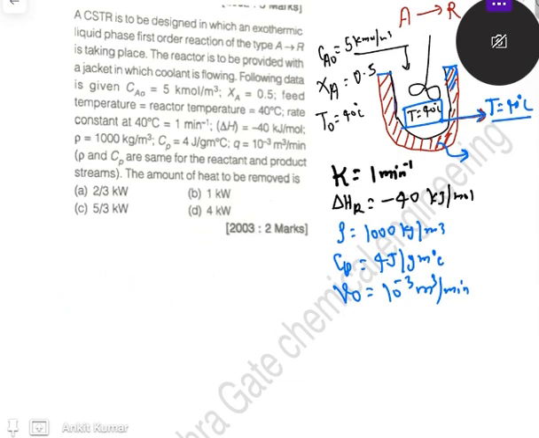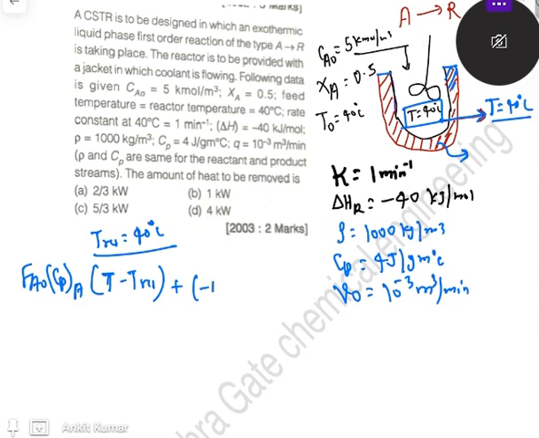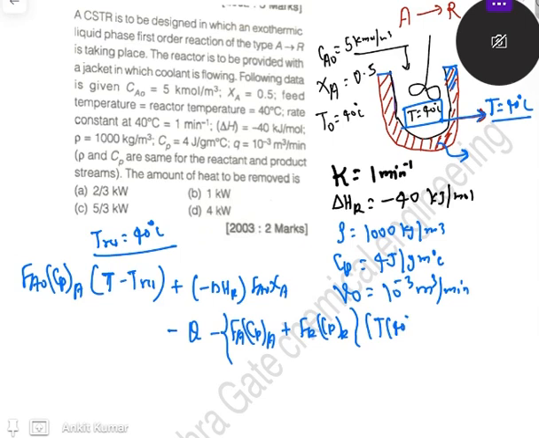So if you do the energy balance: Fa naught Cp of A times T minus T reference, where T reference is equal to 40 degrees centigrade, the reactor temperature, plus minus delta H of R Fa naught Xa, minus Q, the heat removed, minus Fa Cp of A plus Fr Cp of R times T, which is 40 degrees centigrade, minus T at the exit, which is 40 degrees centigrade. That is equal to 0.